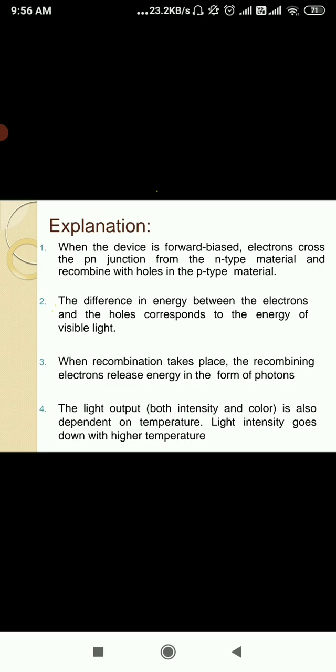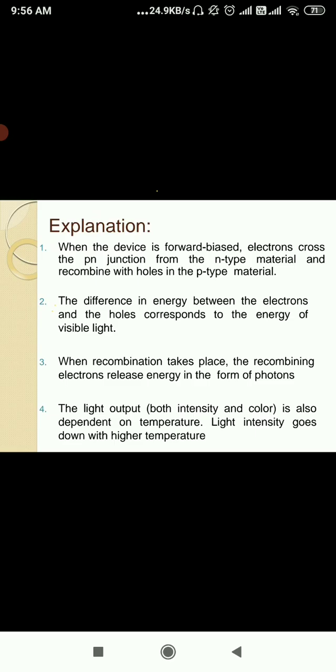So when we are giving the power supply to the LED, if it is forward biased, there is an emission of light when there is a recombination of electron and hole. While recombining, the electrons and holes are releasing energy. In which form? They are releasing the energy in the form of photons, in the form of light.